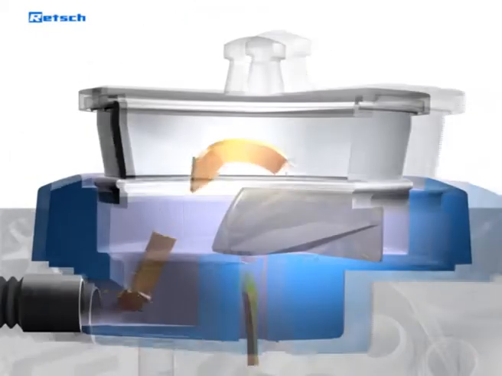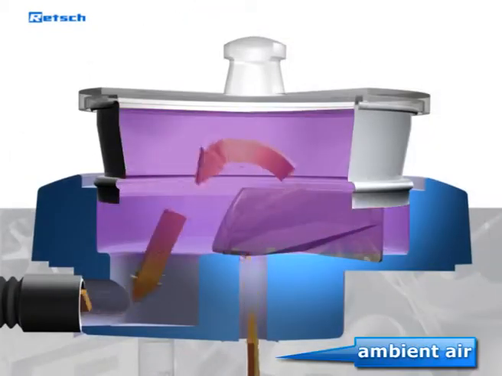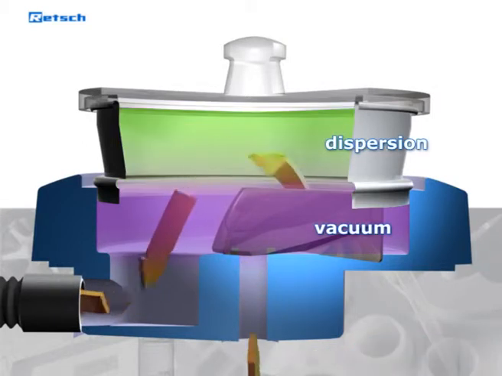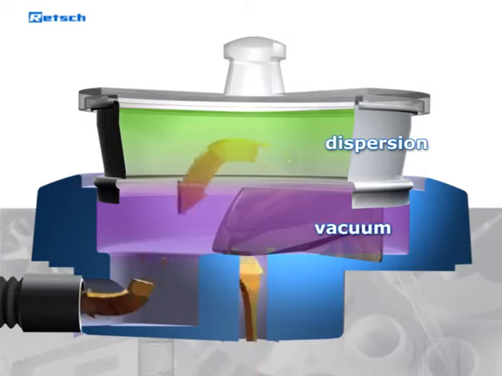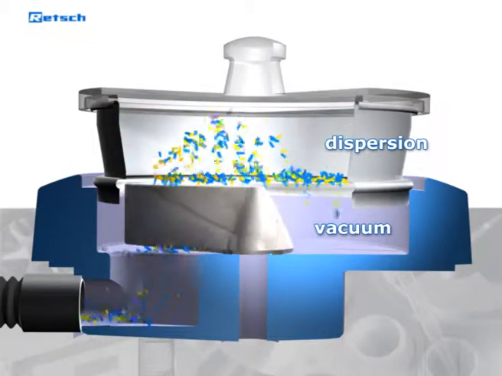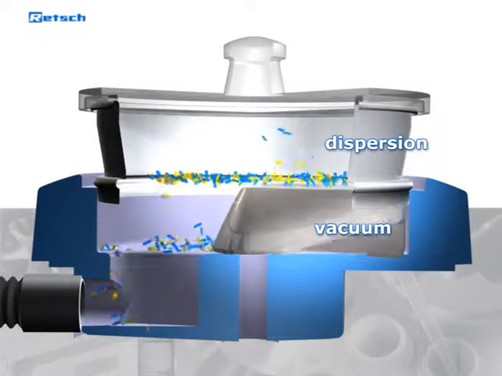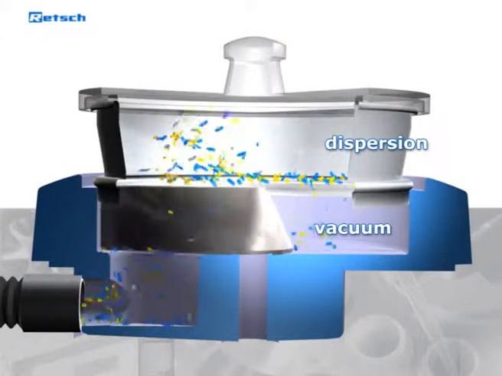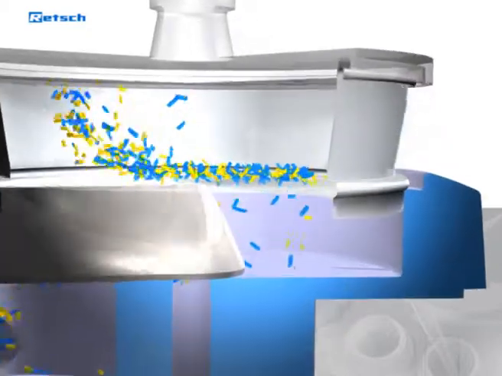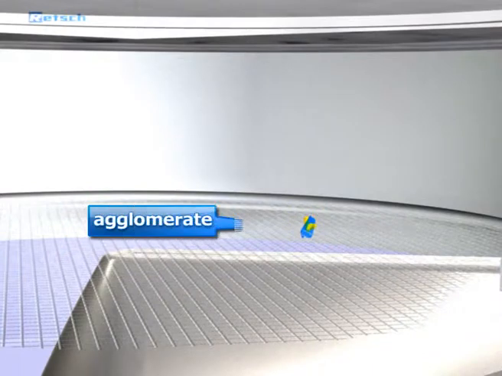The resulting suction pulls ambient air through the slotted nozzle. The extremely narrow slot accelerates the supplied air and pushes it at high speed through the sieve mesh. The air jet briefly disperses the particles on the sieve mesh before they are sucked in by the vacuum cleaner through the sieve mesh. Additionally, agglomerates are dissolved when they hit the cover.